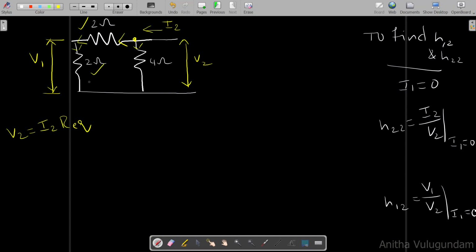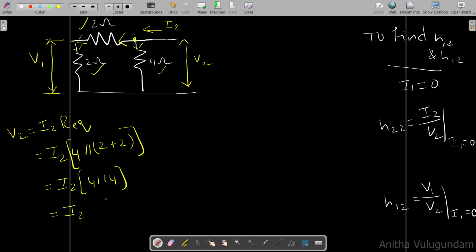So the 2 ohms are in series, which is in parallel with the 4 ohm resistor. So R equivalent is 2 plus 2, which is in parallel with 4. So 4 parallel to 4, 4 into 4 by 4 plus 4, which is 16 by 8, that is 2. From this we can write I2 by V2 as 1 by 2, that equals 0.5 mho, because I by V is admittance.